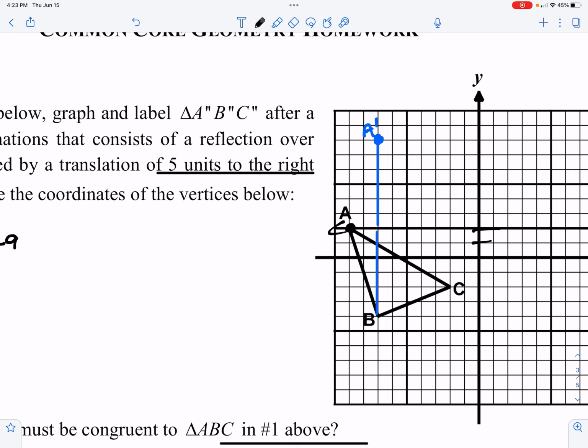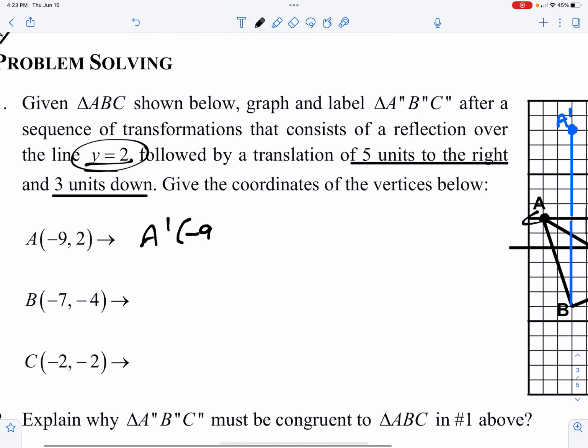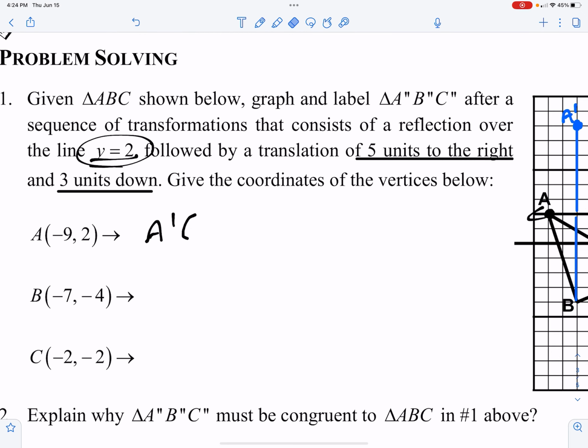Negative 7. And it's been moved up to y equals 8. Sorry, A is going to be the exact same. So it's at negative 9, 2. It's going to stay at negative 9, 2.